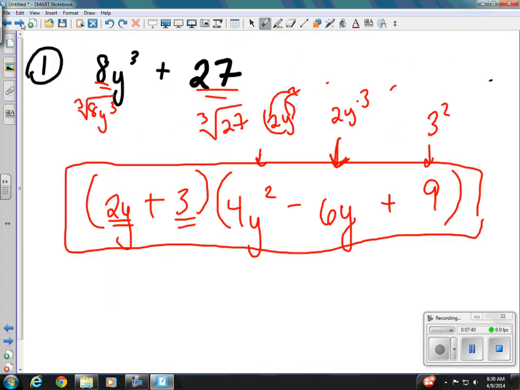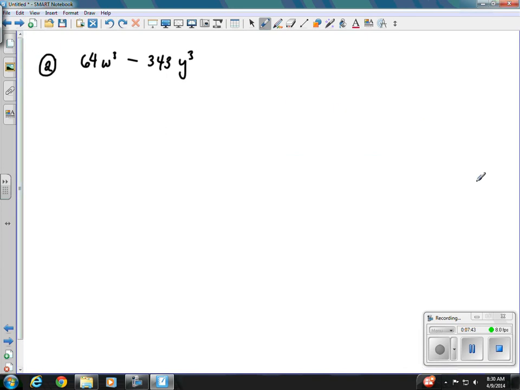So let's see another example. We have 64w cubed minus 343y cubed. So we're going to follow through those steps. Step 1, check. Make sure we don't have a GCF. 64 cannot go into 343 evenly, and the factors of 64 won't go into 343 evenly.